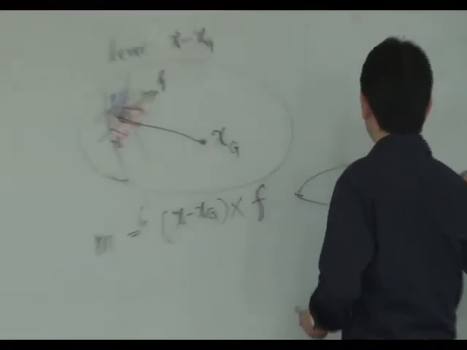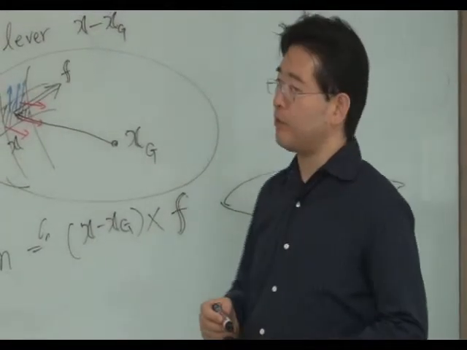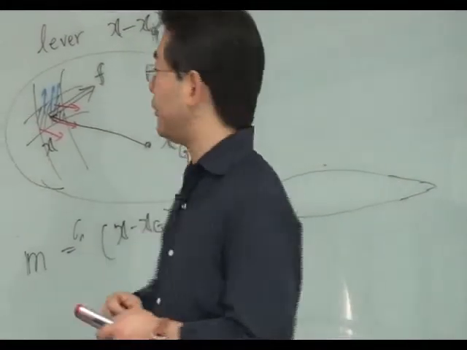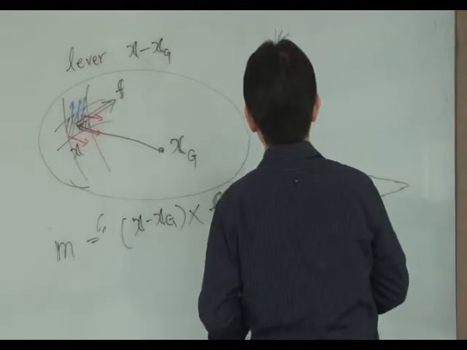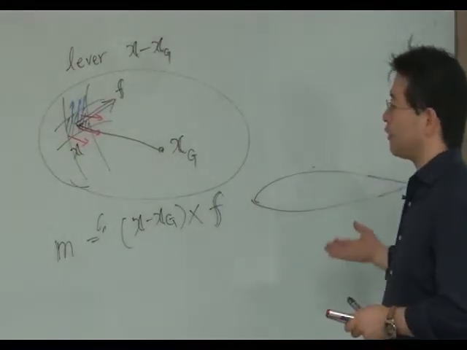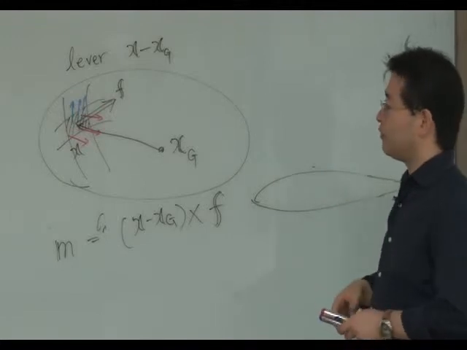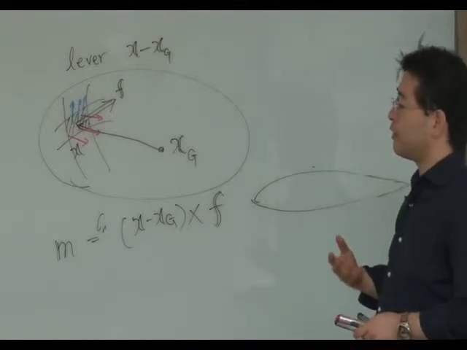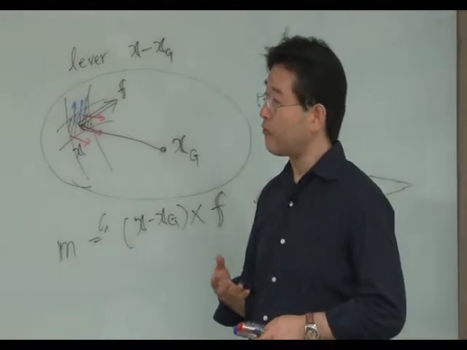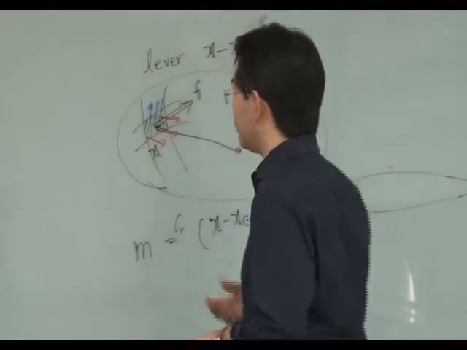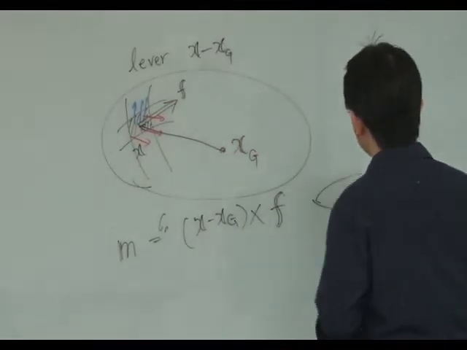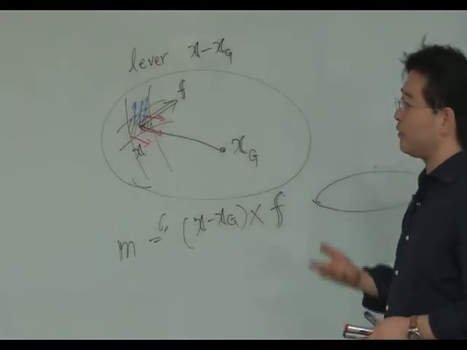In a towing tank experiment or wind tunnel experiment, what we will get is only the total force and the total moment. But in the numerical simulation, you can get local information.